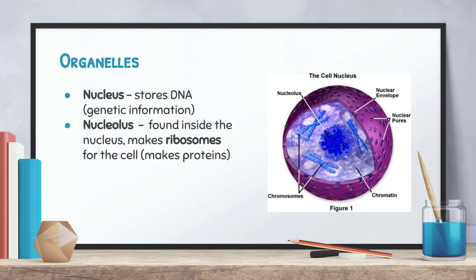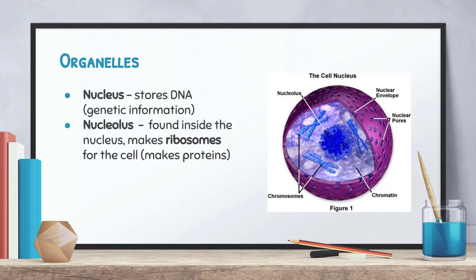Let's continue on and talk about the nucleus. The nucleus is the central part of the cell, and it stores DNA, which is the genetic information that determines what we are, what proteins we make, etc. Now, inside of the nucleus, there is something that's called the nucleolus, and that makes ribosomes for the cell, and ribosomes make proteins.